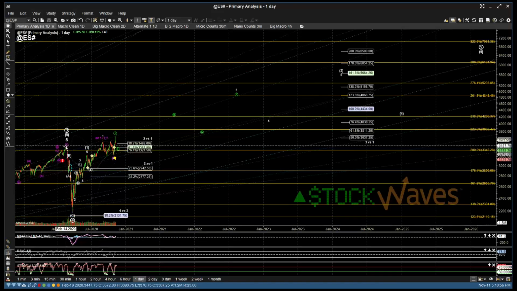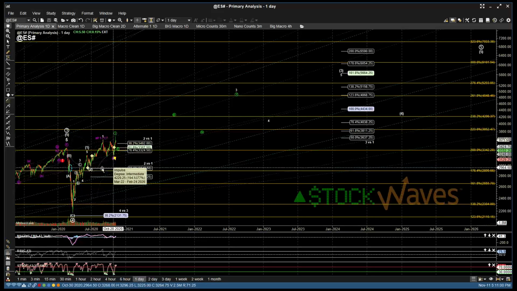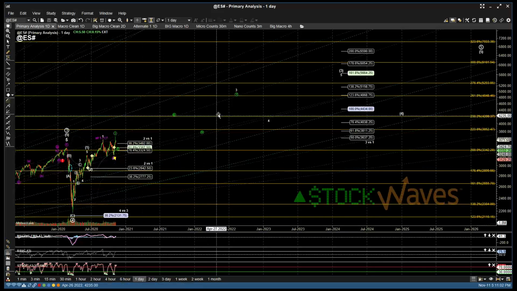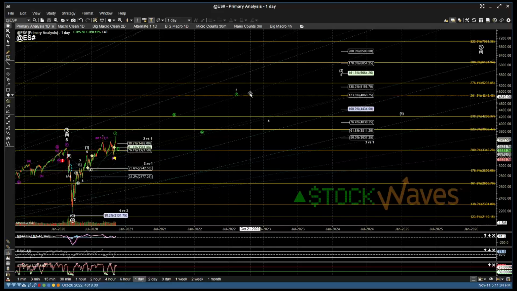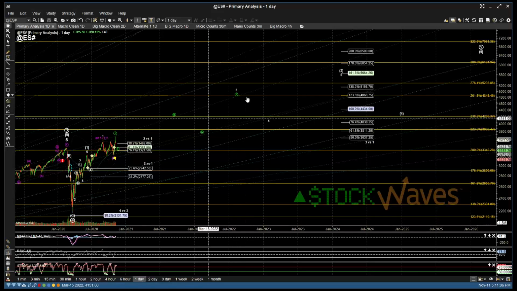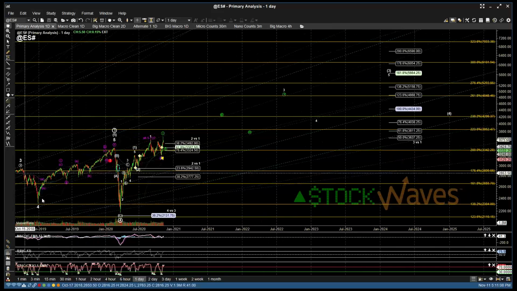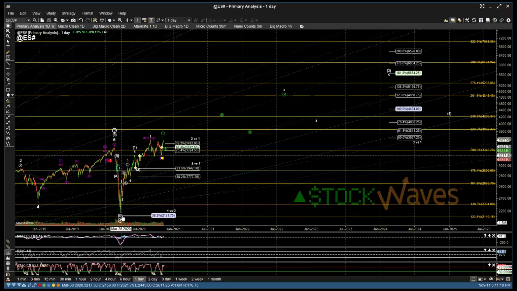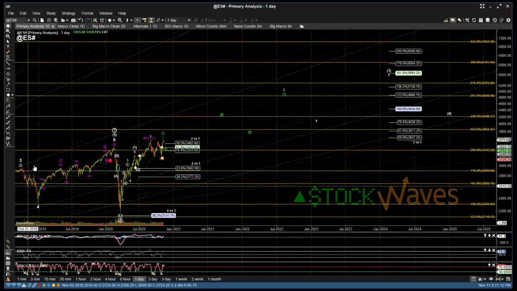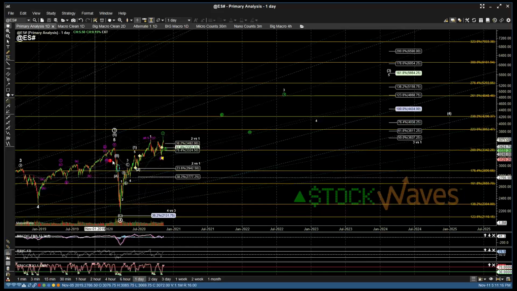Either we have a 200% extension that was hit here for the extended 3, so easily could see 2382 or 2618 for the primary wave 5, or if we count this as the expanded flat, then expanded flat means that the underlying trend is very, very bullish, pulling this to the upside.